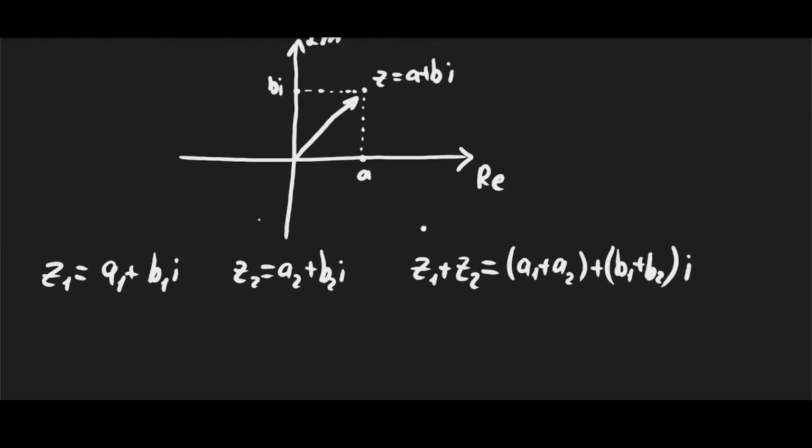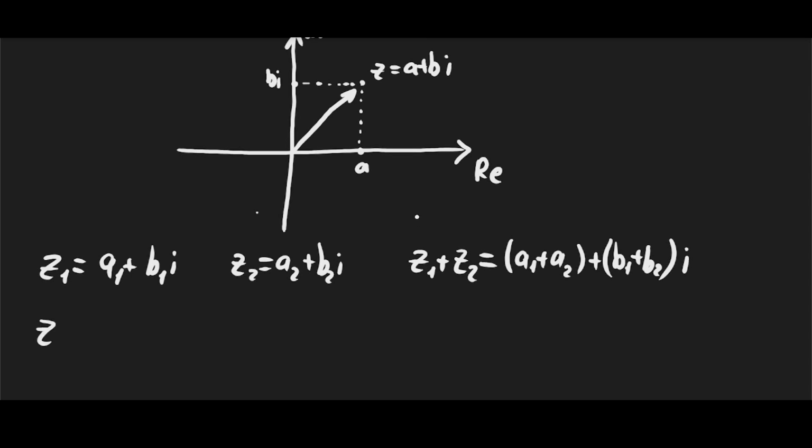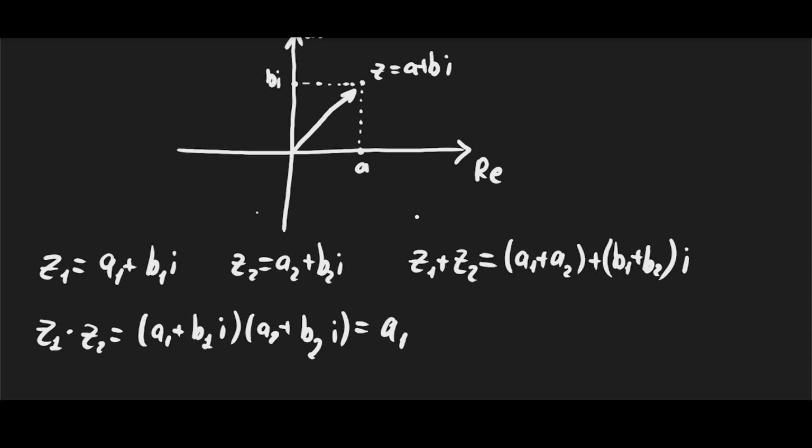Similarly, we can do a multiplication operation. z1 times z2 equals (a1 plus b1 times i) times (a2 plus b2 times i). And this equals a1 times a2 plus b1 times b2 times i square plus a1 times b2 times i and plus a2 times b1 times i.